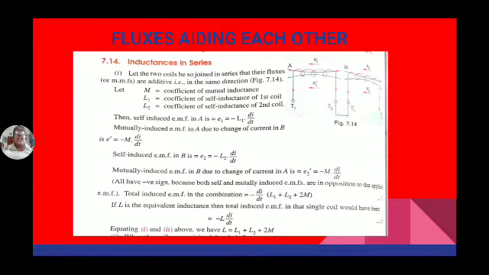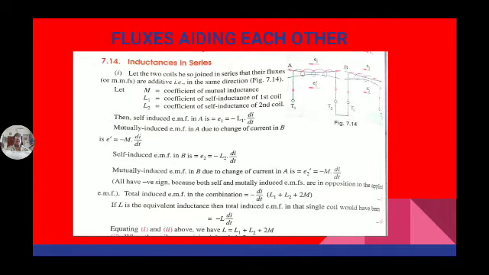Now first we will discuss the total inductance when two inductances are connected in series with fluxes aiding each other. See this diagram. The current passing through both coils is the same, and they are connected such that both fluxes are in the same direction.